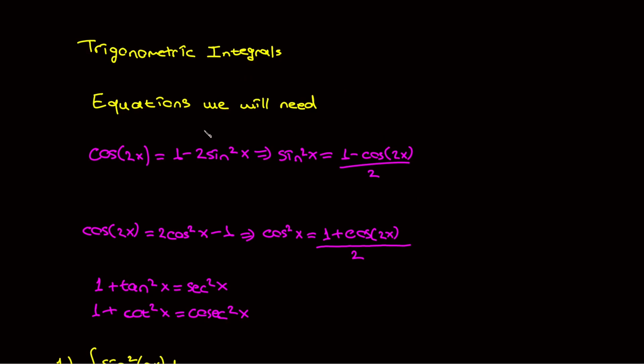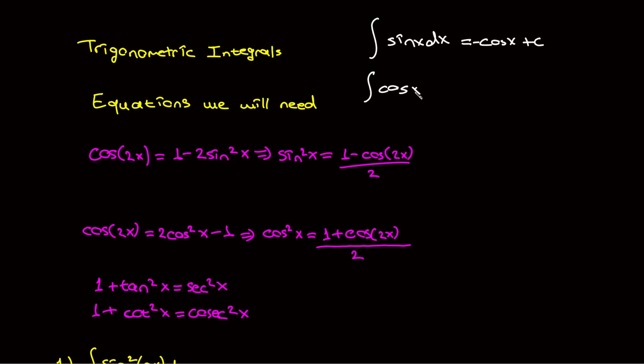Before talking about the equations that we will need, we want to see which trigonometric integrals we can solve so far. For example, the integral of sine of x dx is equal to negative cosine of x plus c, because when you differentiate this, it gives you sine of x.